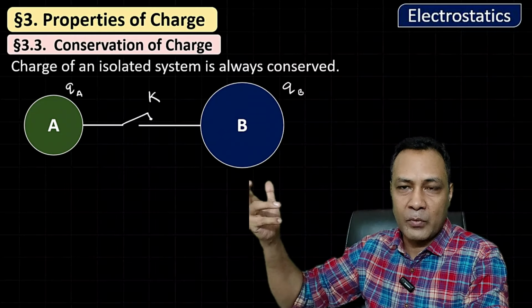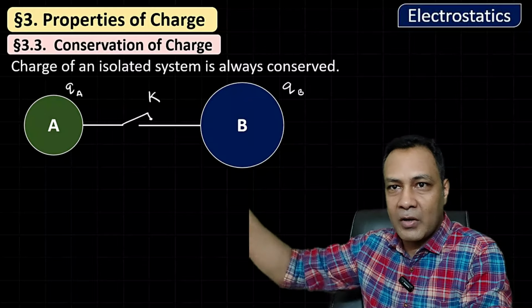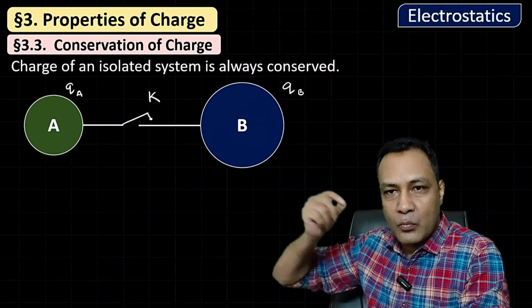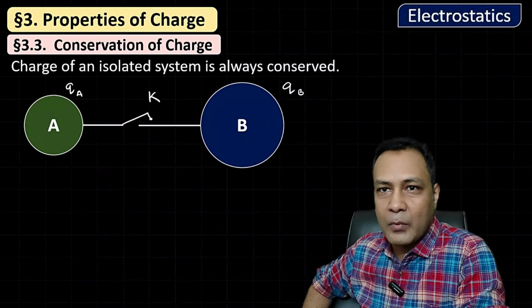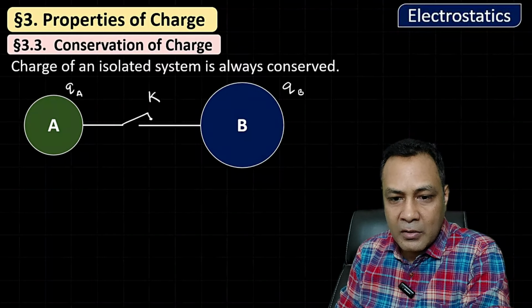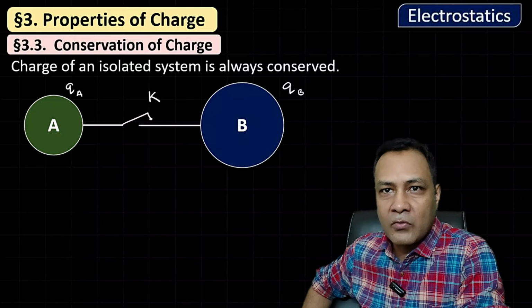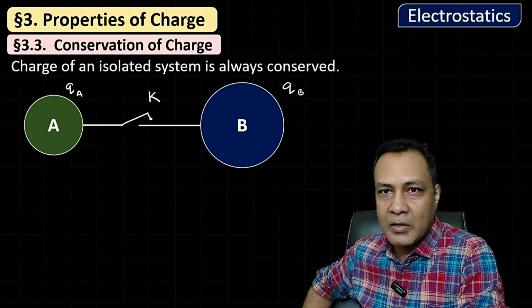But in some circumstances the charge of the wire can come to me through the air, if there is a dielectric breakdown, something like that. So that is the meaning of isolated here. The charge of A and B is only between them and nothing else. So that will be conserved. It cannot be destroyed, cannot be created.